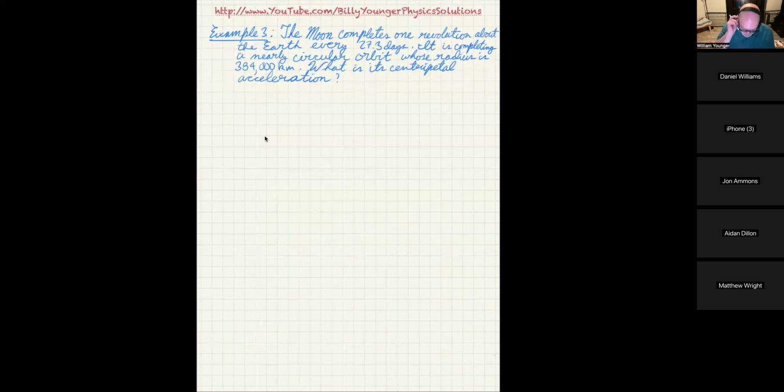Anybody have any questions about the problem we're getting ready to solve now? Okay, so the solution is going to involve centripetal acceleration is equal to v squared over r, or it's equal to omega squared r. Either one of those are fine. In class today, I did it using the omega squared r.